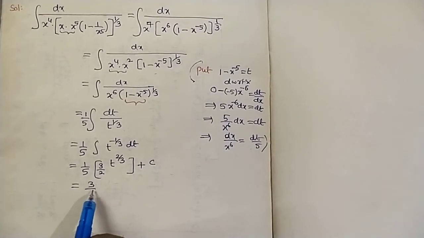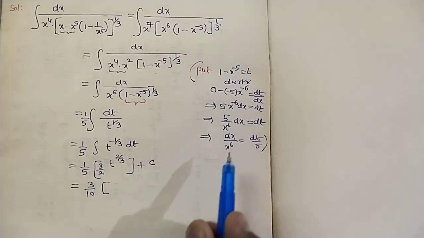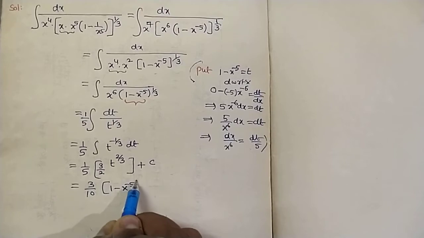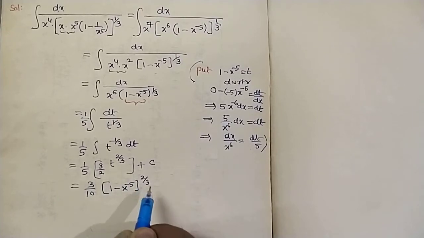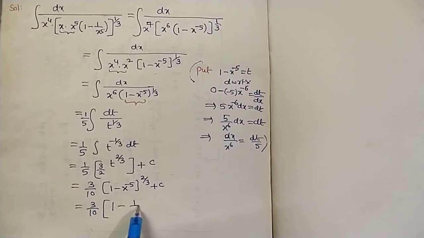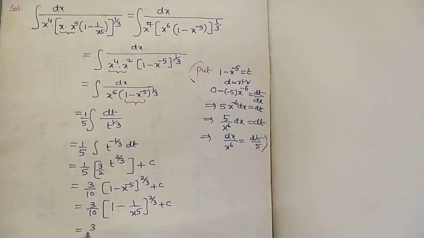So 3 by 10. What is t here? We assumed t is 1 minus x power minus 5, whole power 2 by 3 plus c. Now simplify: 3 by 10 into 1 minus 1 by x power 5 whole power 2 by 3 plus c, which is 3 by 10 into x power 5 minus 1 divided by x power 5 whole power 2 by 3 plus c.